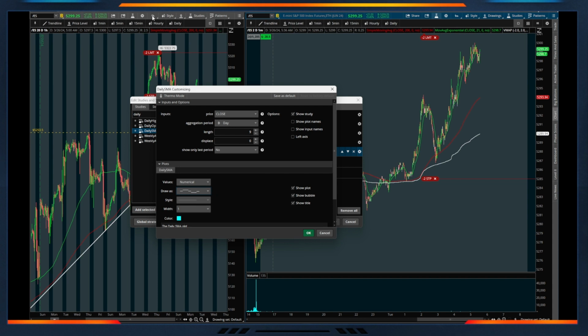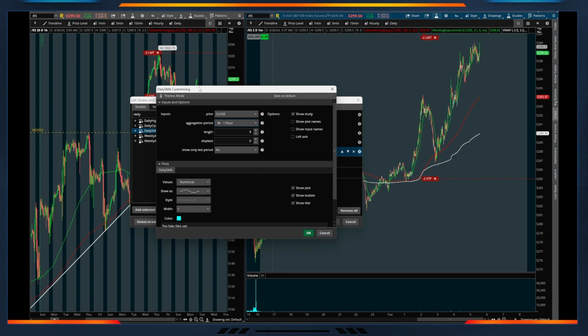We're looking at the hourly chart, and that's the moving average we want, so this aggregation period is where we can match that. We can go up to the 1 hour, because this is the 1 hour chart. If you wanted a moving average from the daily, you could move this to 1 day. Lots of flexibility here to pick and choose. So we're matching the time frame.